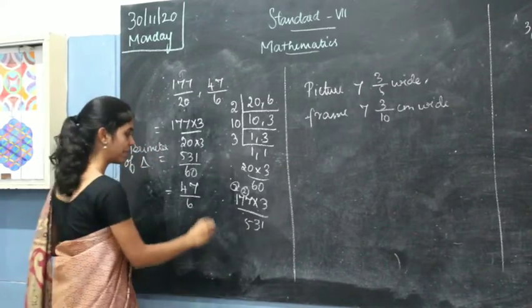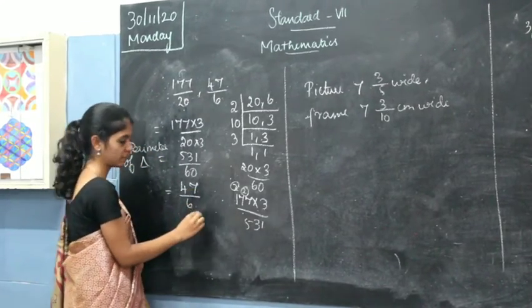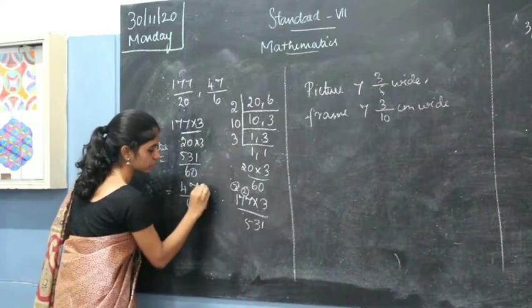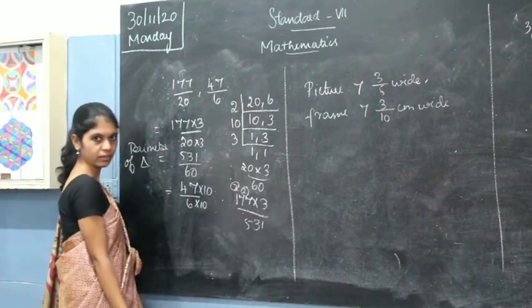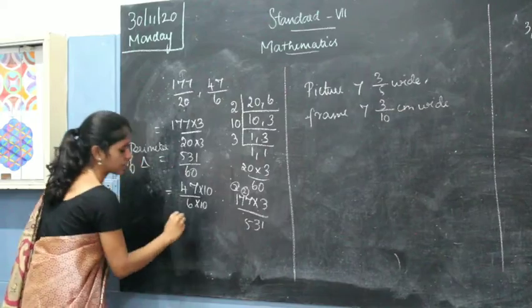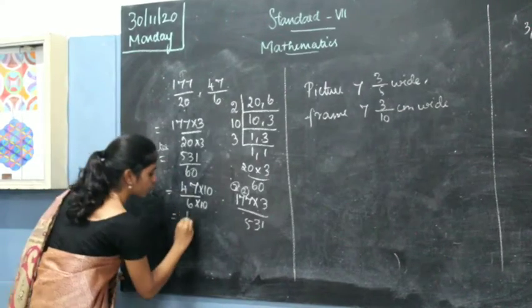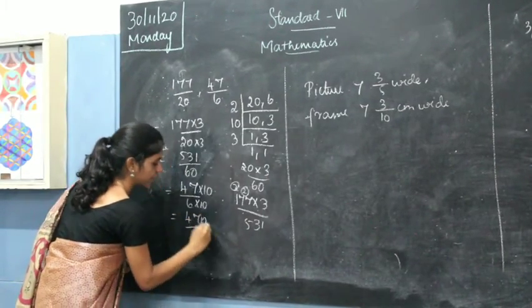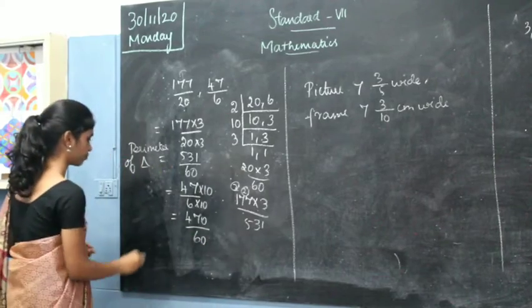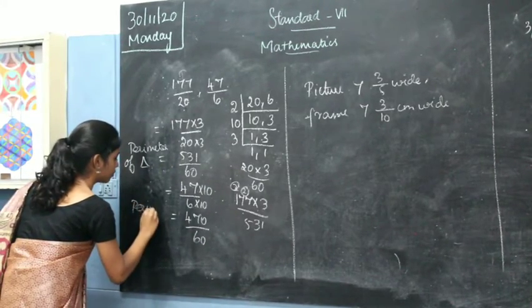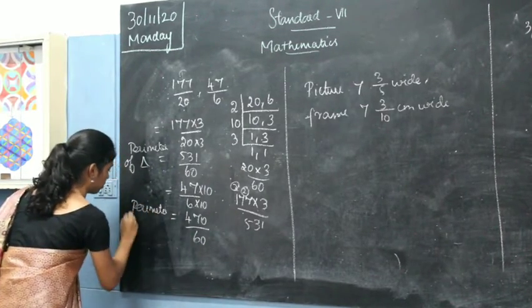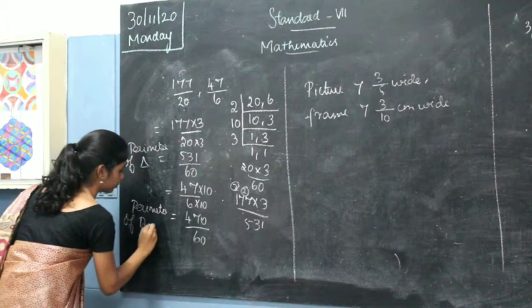What we have to do is multiply both numerator and denominator by 10. So we'll get the like fraction value, which means 470 divided by 60. Perimeter of rectangle.